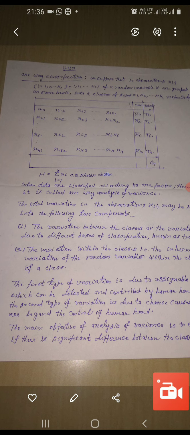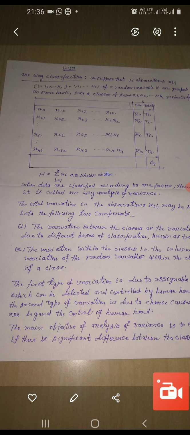The first type of variation is due to assignable causes, which can be detected and controlled by human hand. Means variation between the classes is due to assignable causes, and assignable causes may be detected and controlled by human hand.